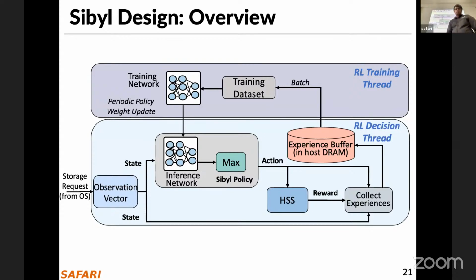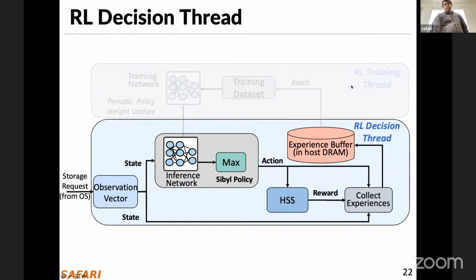So this is the design overview of Sibyl. The box at the bottom is the decision thread, and the one at the top is the training thread. I'll start with the decision thread.